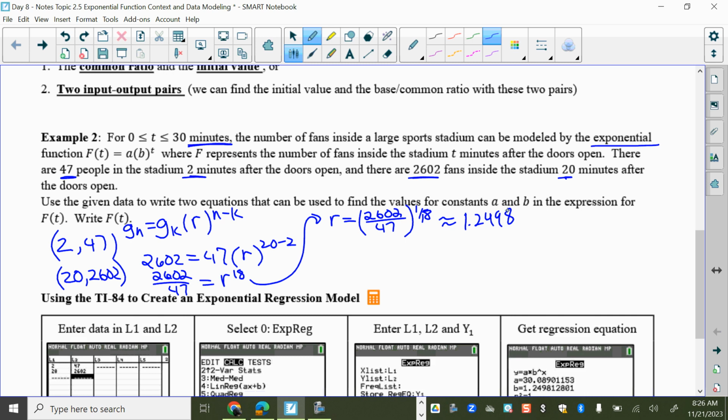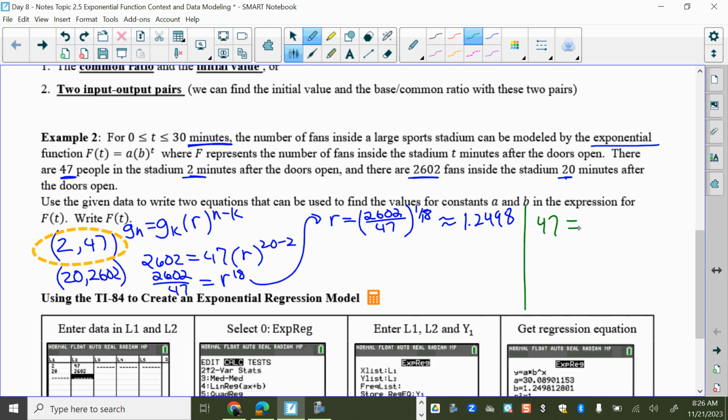All right, so now, if I want to write the actual answer, I need the initial value, okay? So if I want my initial value, let's use this guy right here and help me find my initial value, my G0 in a way, okay? So if I want to find my initial value, then I'm going to use 47 equals, I don't know my initial value.